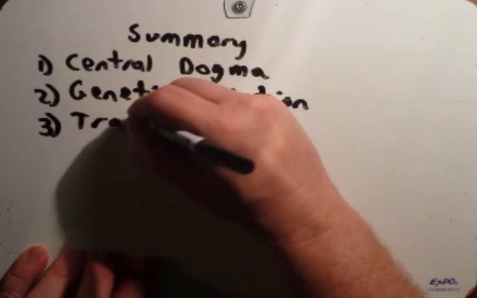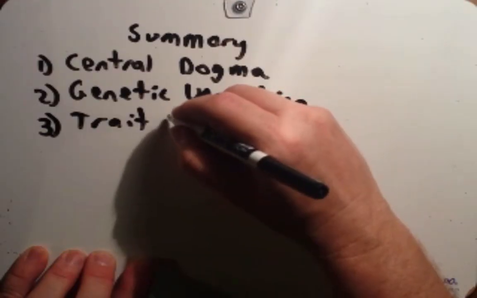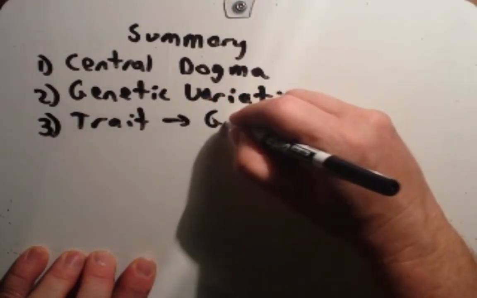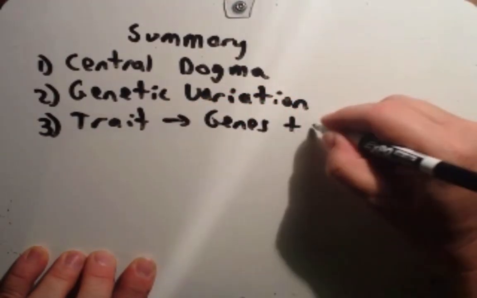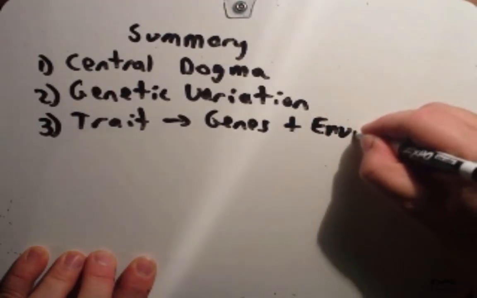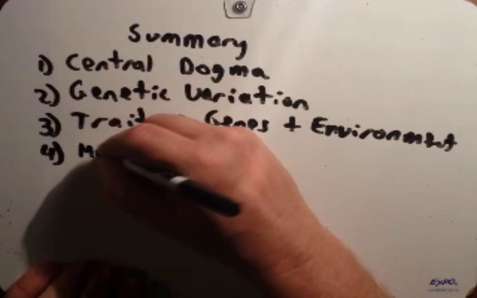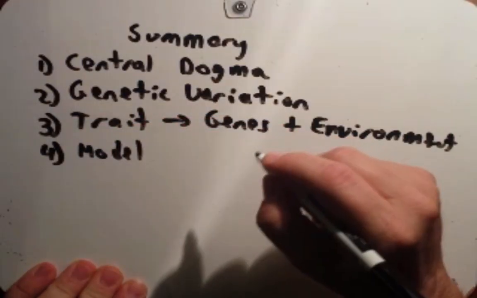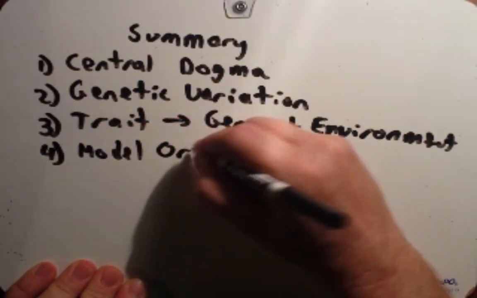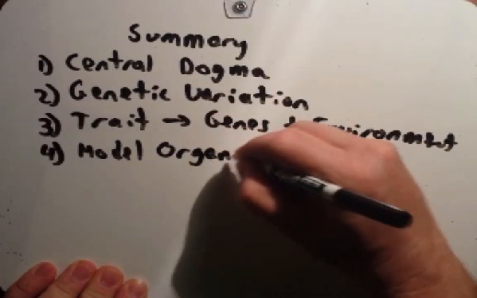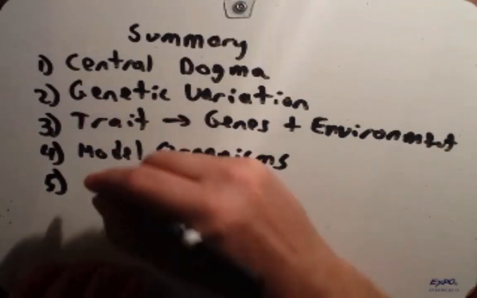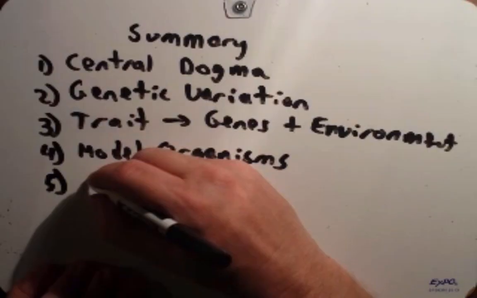You should have gotten that traits are caused by genes plus the environment. You should have learned what makes a model organism a good model organism, the traits of it, and some examples. And lastly, the different kinds of geneticists.